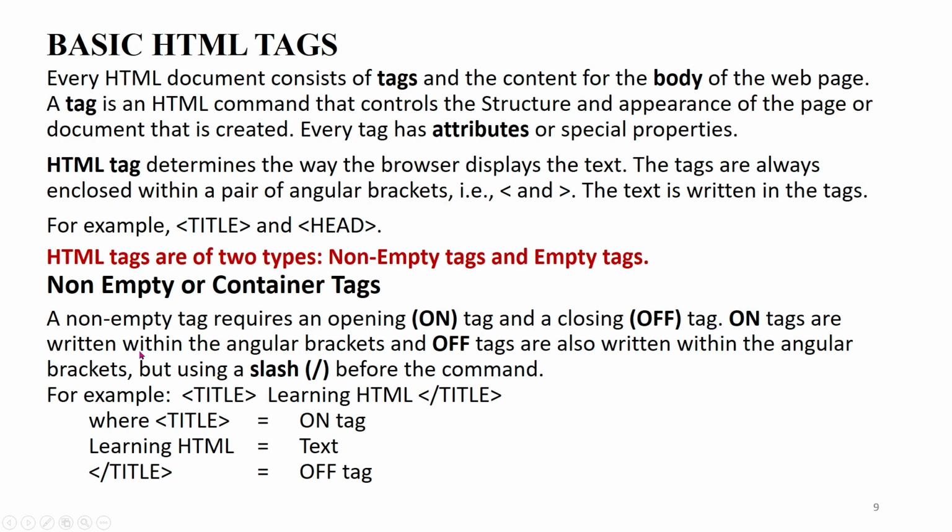On tags are written within the angular brackets and off tags are also written within the angular brackets but using a slash before the command. For example, title, Learning HTML, and slash title, where title is the on tag, that is the opening tag. Learning HTML is the text within the title, and slash title is the off tag, that is the closing tag.